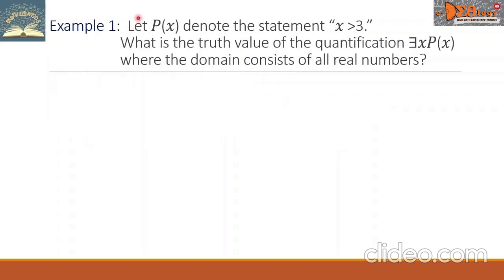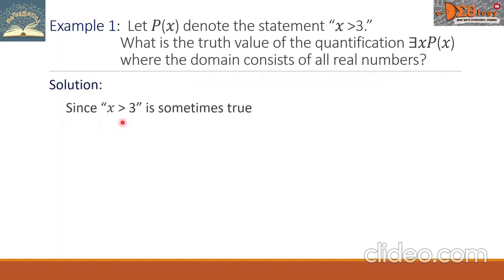Example 1. Let p of x denote the statement x is greater than 3. What is the truth value of the quantification for some x, p of x, where the domain consists of all real numbers?